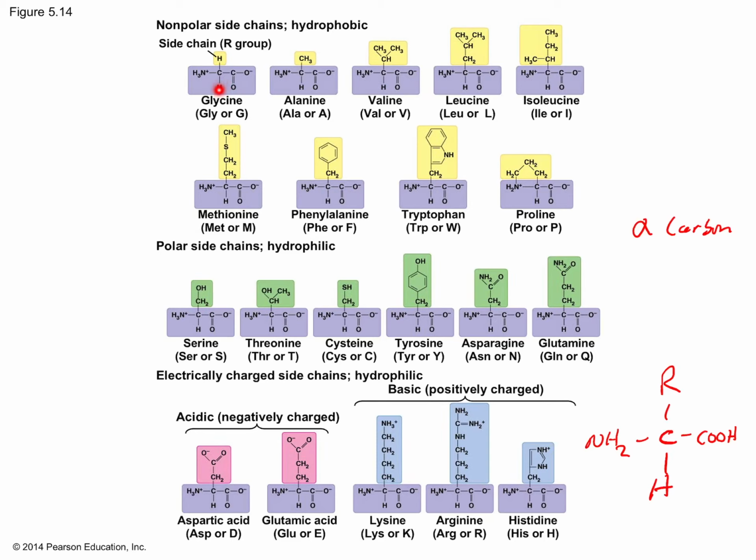So let's take a look at how a peptide bond forms. All right, recall that earlier in the chapter we talked about hydrolysis reactions and condensation reactions. Hydrolysis reactions separate monomers from each other by breaking bonds, hydrolysis, water breaking, and condensation reactions create bonds between monomers by producing a water molecule.